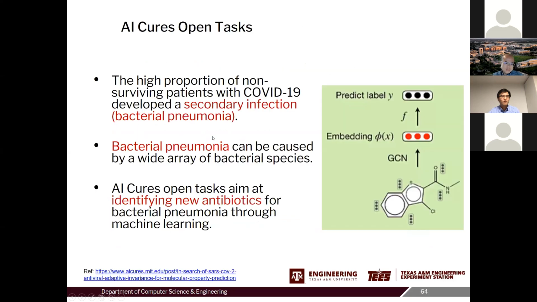So in the last two slides, I will talk about how we can use graph methods to solve problems in COVID-19. We also participated in this challenge organized by Tommi Jaakkola and MIT. What they observed is that a high proportion of the non-surviving patients with COVID-19 developed a secondary infection, an infection by a particular bacteria, pneumonia.